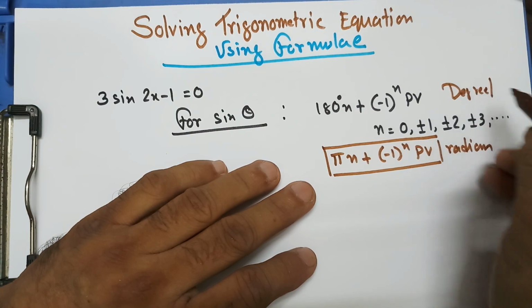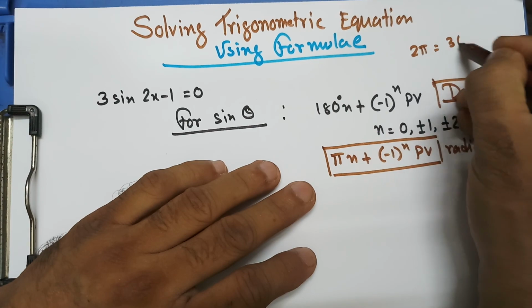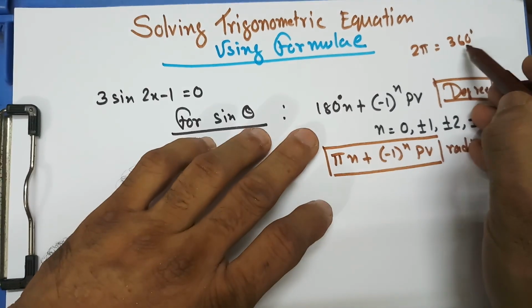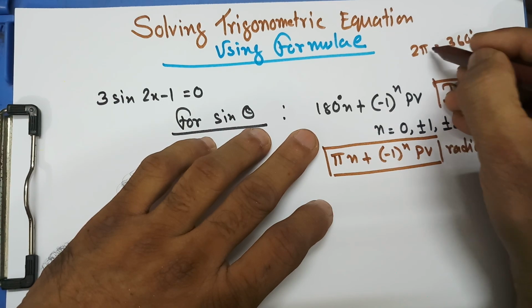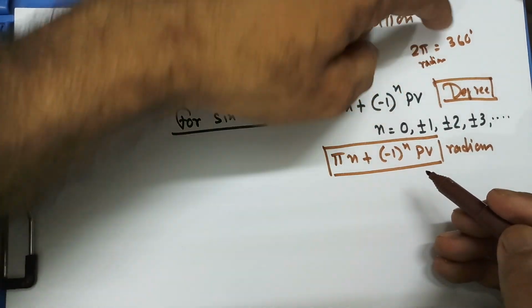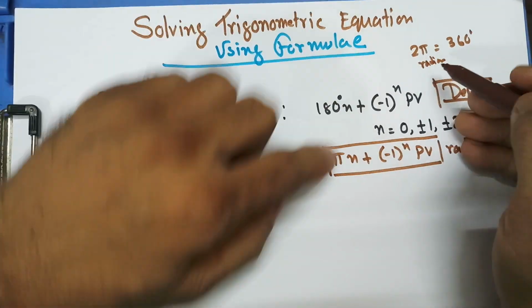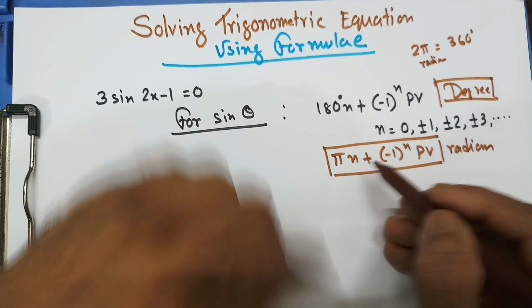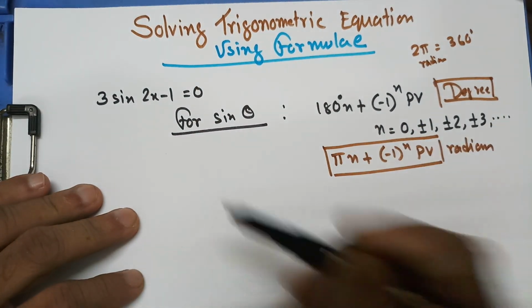Since you know that 2 pi radian equals 360 degree, half of that, 180 degree, equals pi radian. So pi times n is in radian. Today we're just going to do it in degree.